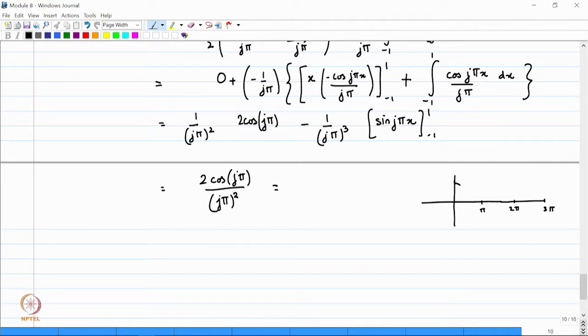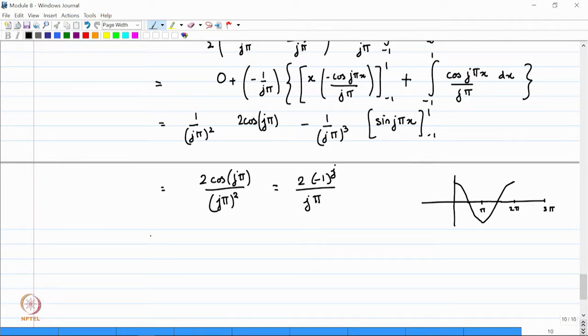So, cosine of 0 is, so it goes something like this. So, you can easily show that this is 2 minus 1 raised to j divided by j pi. So, cosine of j pi is minus 1 raised to j.